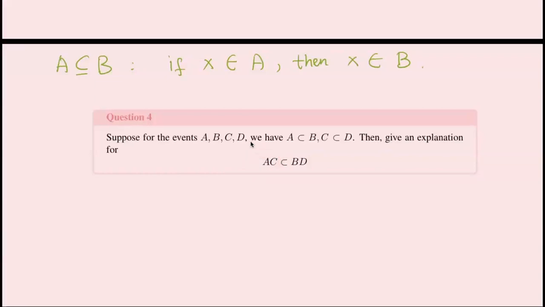If you can show that for every element in the set AC, that element is also in the set BD, then this set would be a subset of BD. Does this make sense?